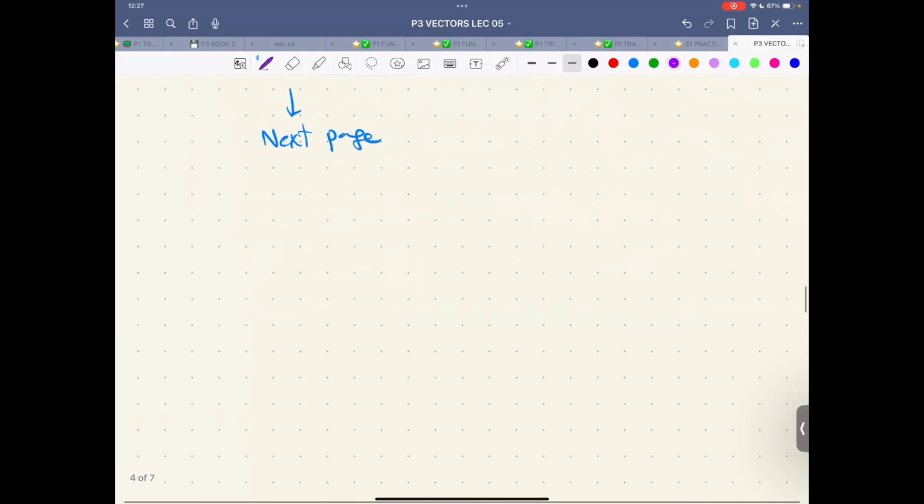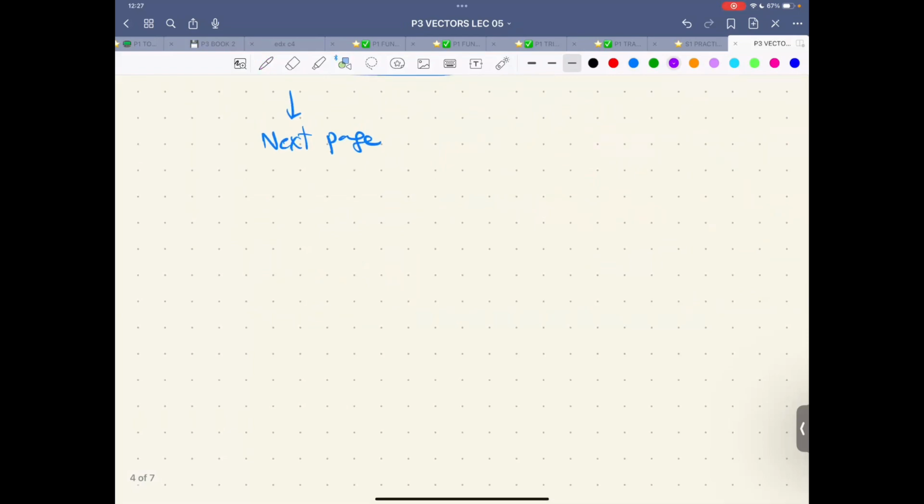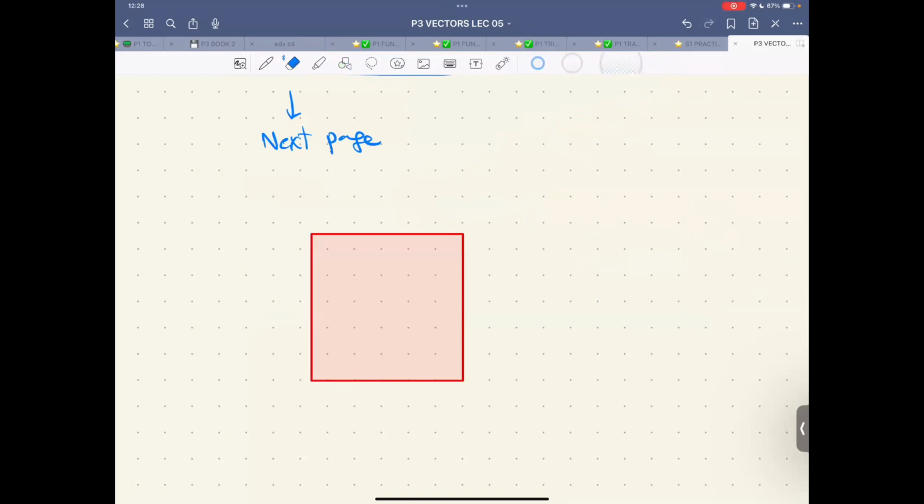And what is skew? Let me give you the idea. Let me draw a square like this, and let me draw another square, and let me just join them using some lines.